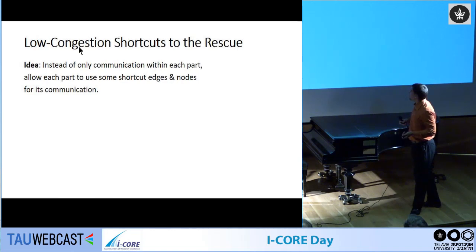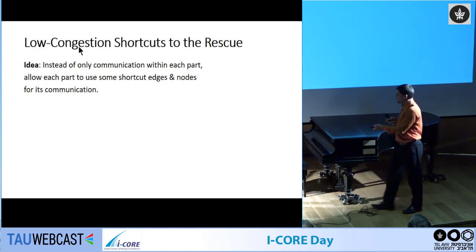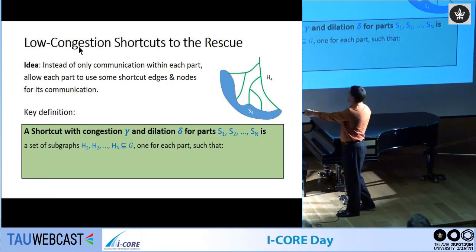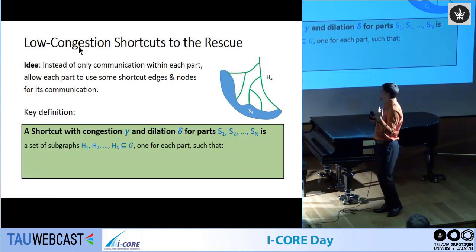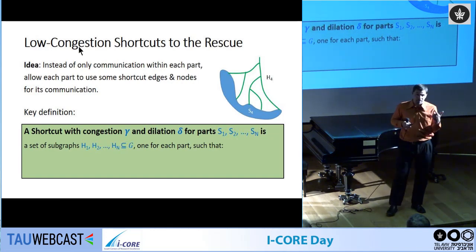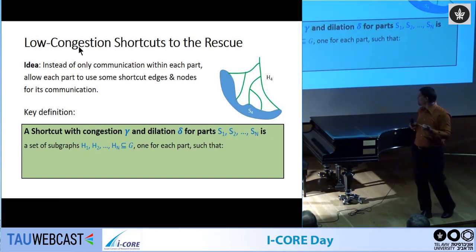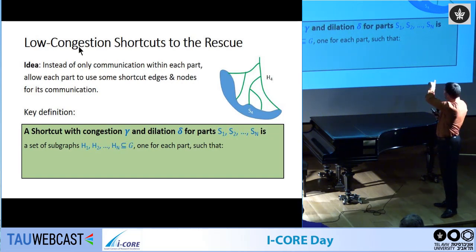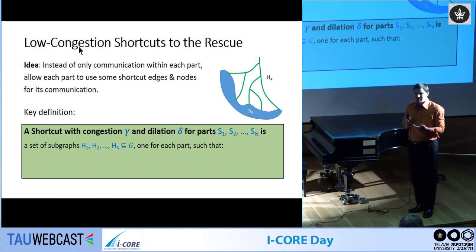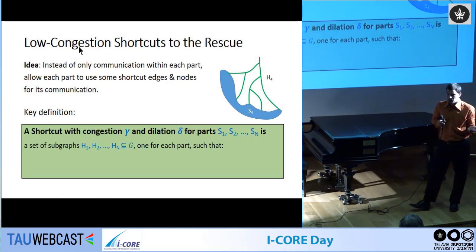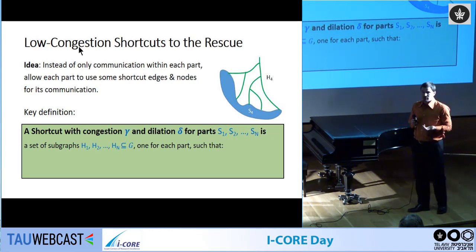Okay, so here's the key definition of what a low congestion shortcut is. We say a shortcut has congestion gamma and dilation delta, so it has two parameters, a congestion parameter and a dilation parameter. What it does is, for any of these connected subsets, it defines some edges and some nodes that I'm allowed to use in the communication.